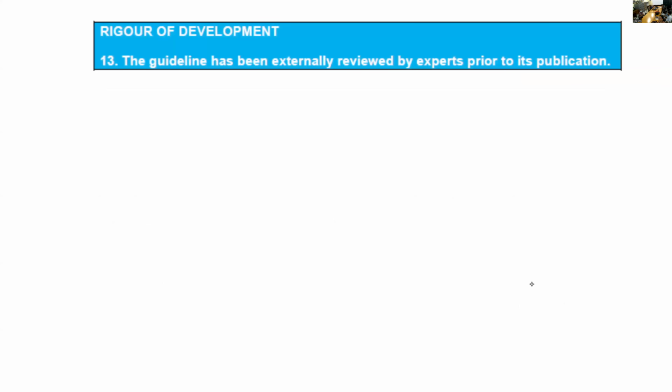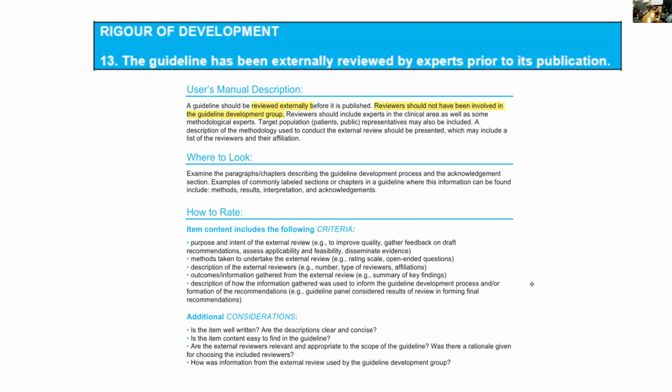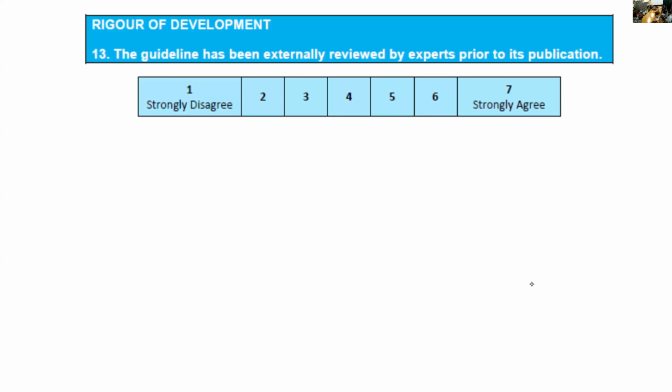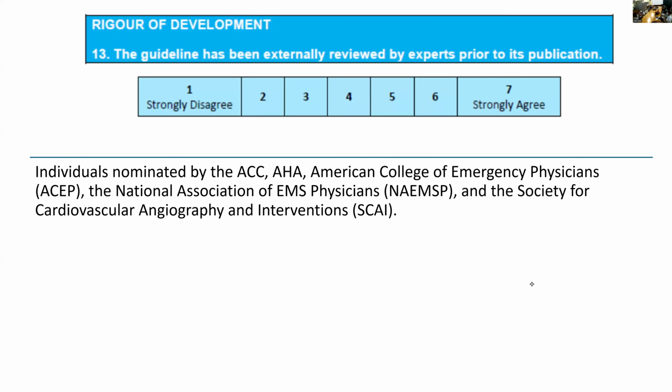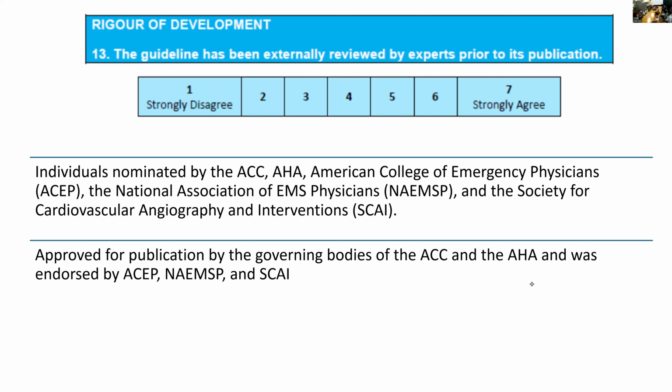The guideline has been externally reviewed by experts prior to its publication. Self-explanatory question. To answer this, they had individuals that were nominated by the same organization that was making the guidelines, and the nominees from the same organization were also required for approval of the publication.